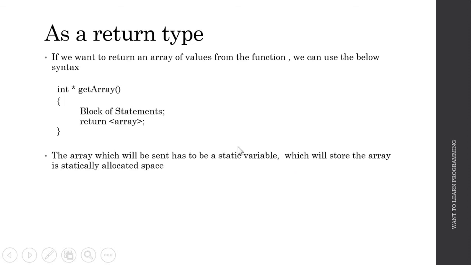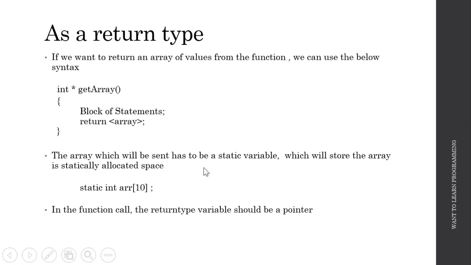That is, a static variable stores the array in a statically allocated space. So while declaring the array inside the function, we'll have to declare it not as int array 10, we'll have to declare it as static int array 10. And in the function call, the return type should be a pointer.